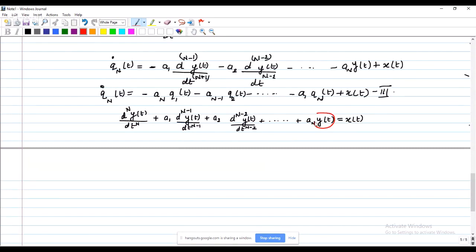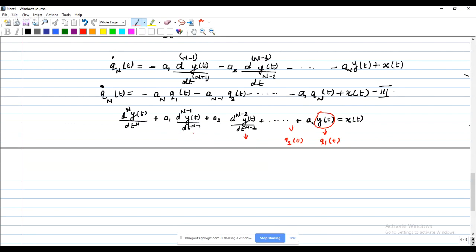Now check over here. Y of t, we have put y of t as q1 t, right? Similarly, here the next term I will get q2 t, right?